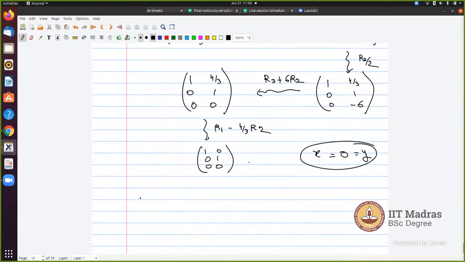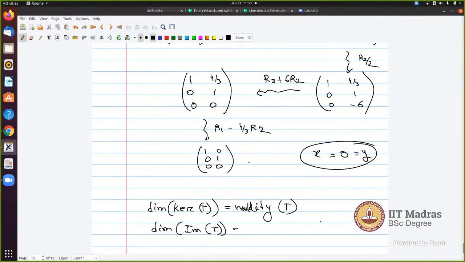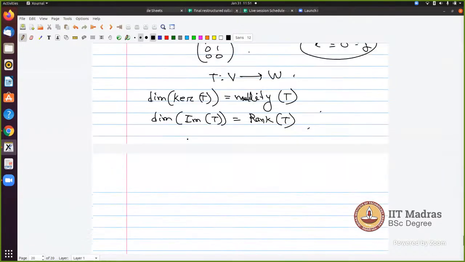The dimension of the kernel is the nullity of T, and the dimension of the image is the rank of T, where T is from V to W. The theorem states that rank of T plus nullity of T is the dimension of V.